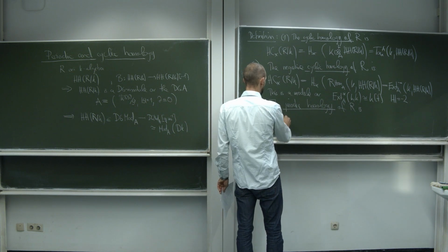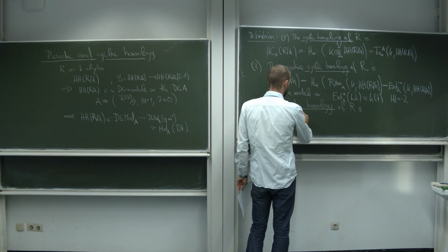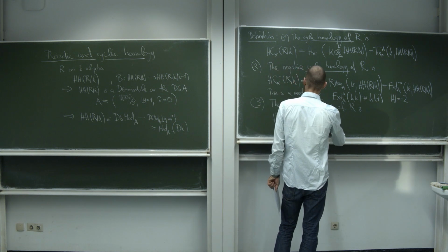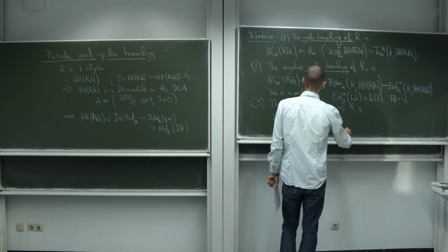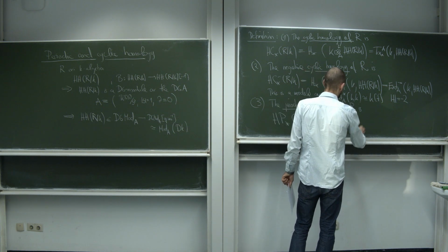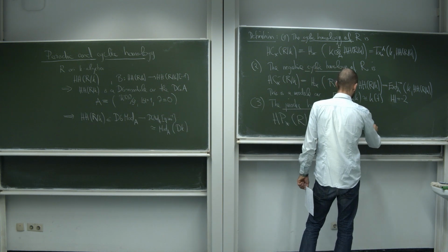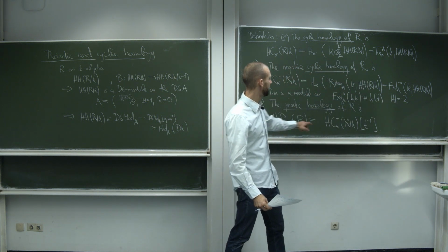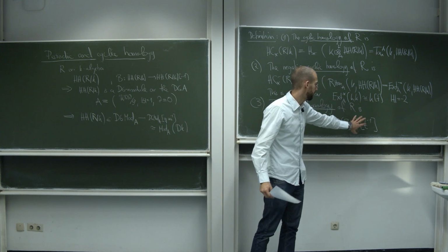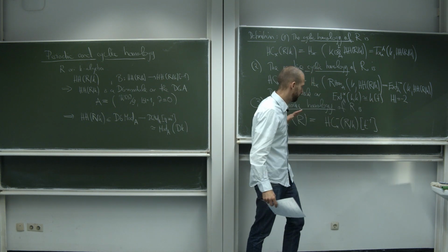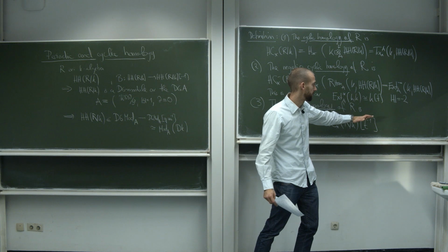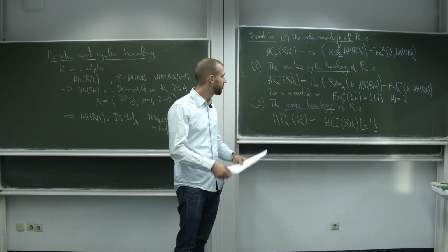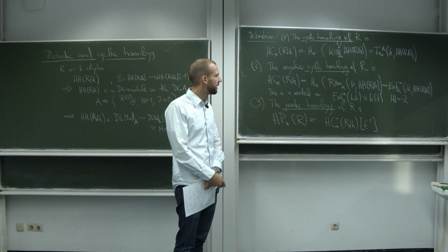It's denoted HP star R, and this is just the negative cyclic homology of R relative to K, and I invert the element T. Right, this is a graded module. I have an operator T acting, and I can invert this object. It's just a filtered colimit of multiplications by T. Okay, that is the periodic homology or periodic cyclic homology.